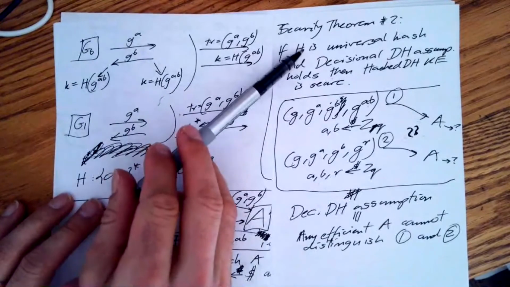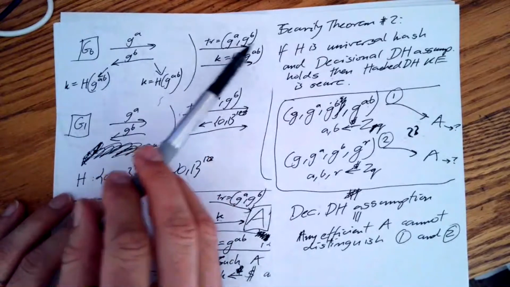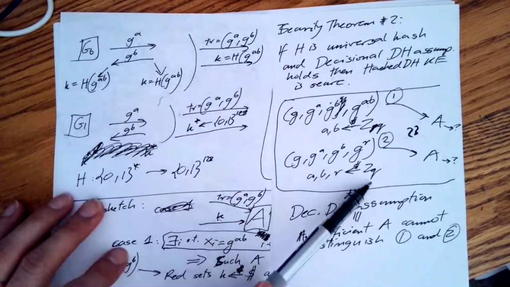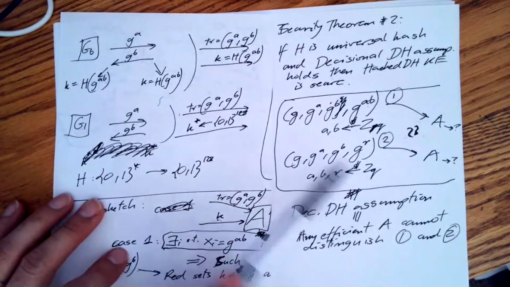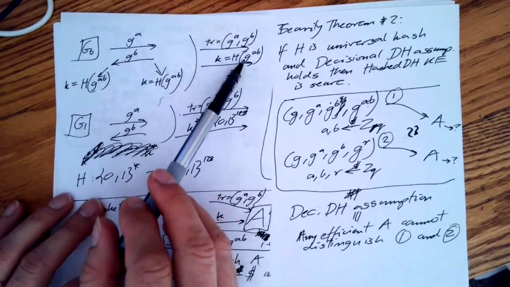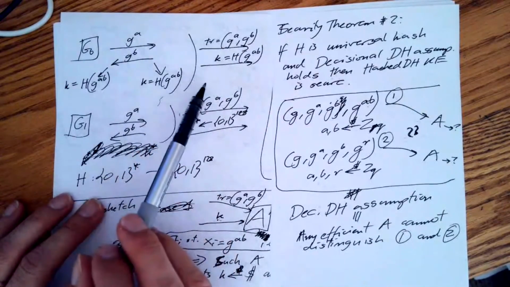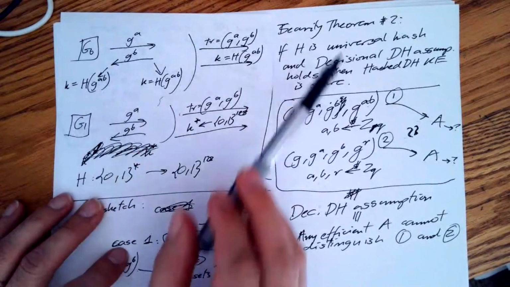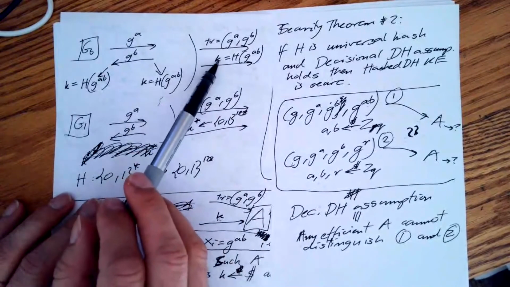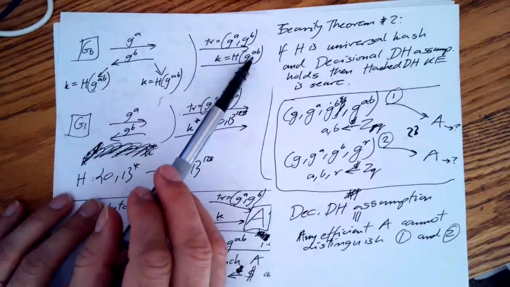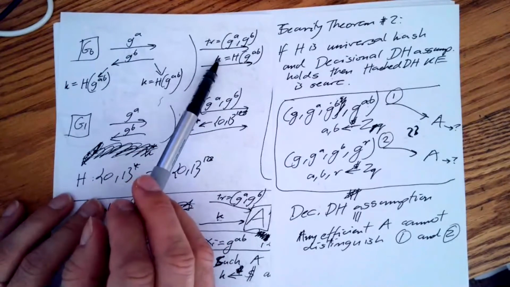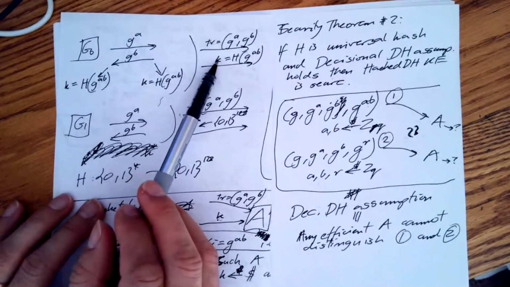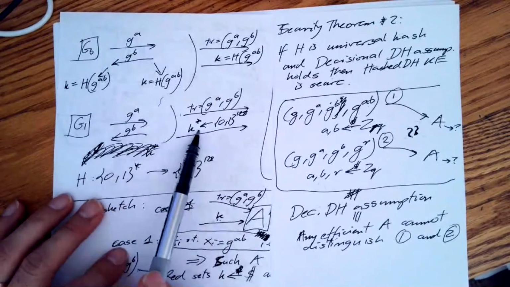Then by a universal hash of the g^r, because r is independently chosen from the group, so this is a group element that is independent from these two, I can use the universal hash and argue that the output of a hash on this independently chosen group element is indistinguishable from a random string, and therefore I got here.